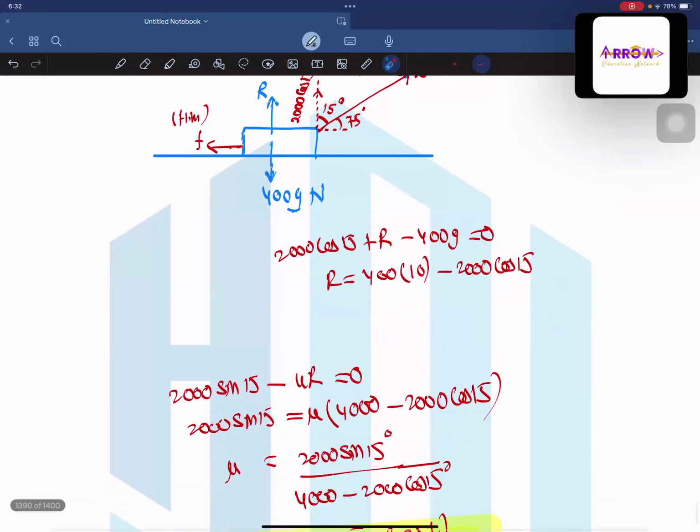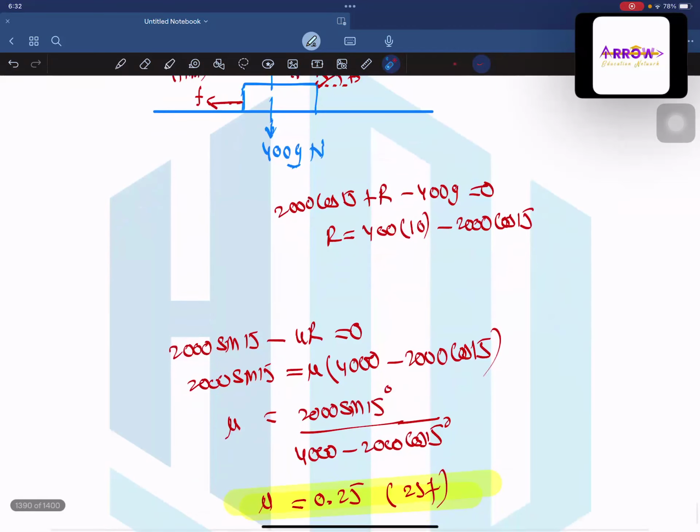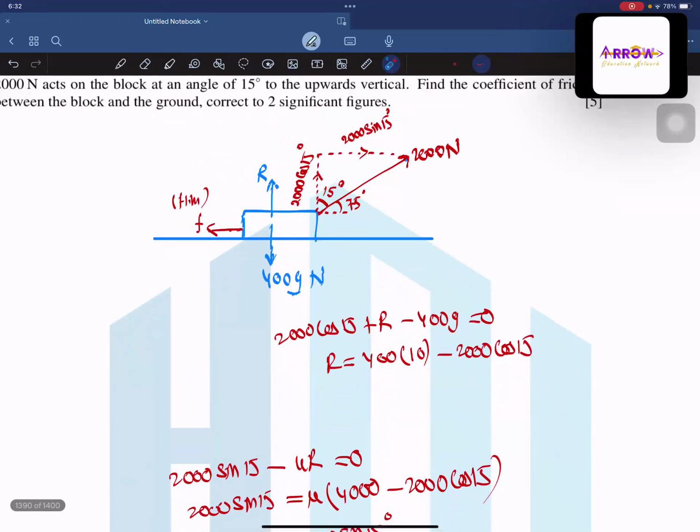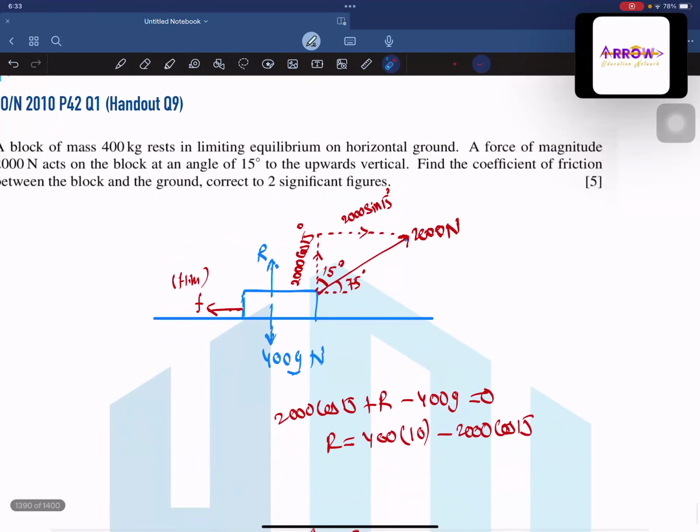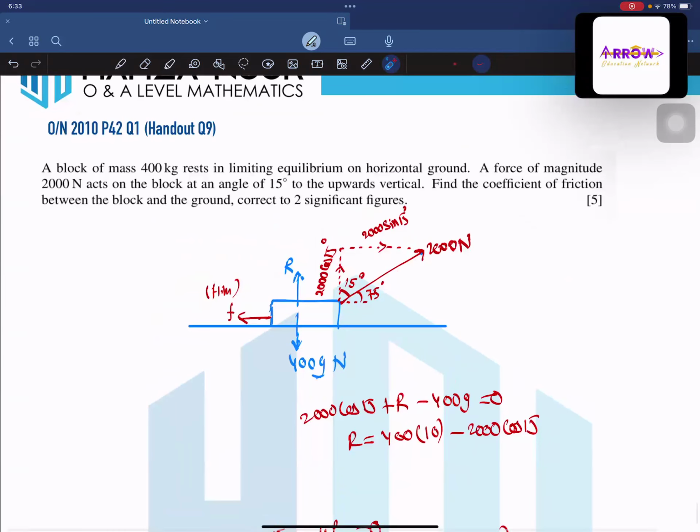When we are dealing with the forces along the horizontal plane, one horizontal force is 2000 sine 15 and the other is the frictional force, which would be at its maximum value, because the block is in limiting equilibrium.